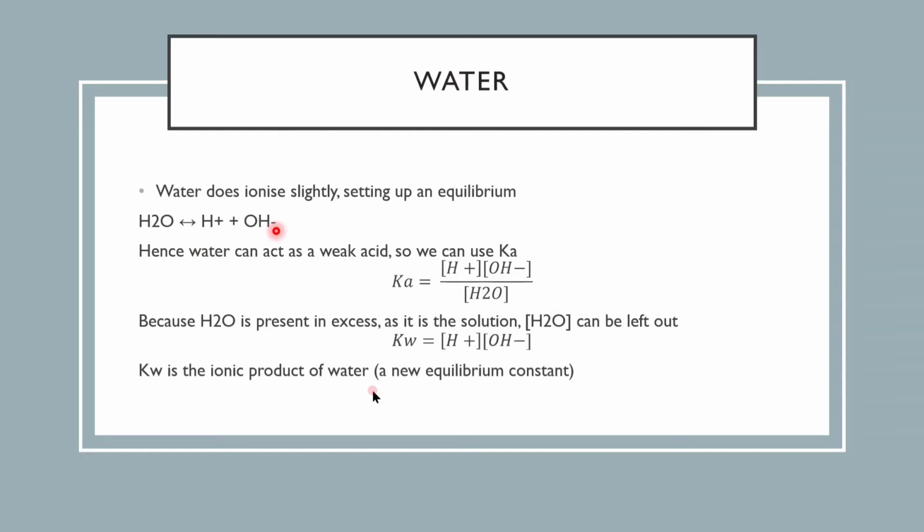So because water ionizes partially into H plus and OH minus, it can be seen as a weak acid, allowing us to set up its Ka equation using the generic Ka equation. But because water is present in excess, we can leave the concentration of water out, leaving us with our new equilibrium constant, Kw.